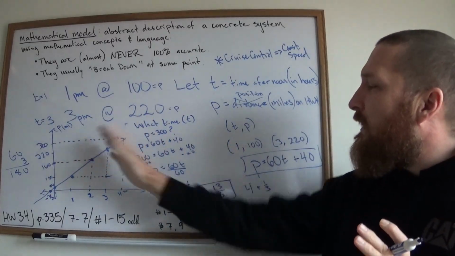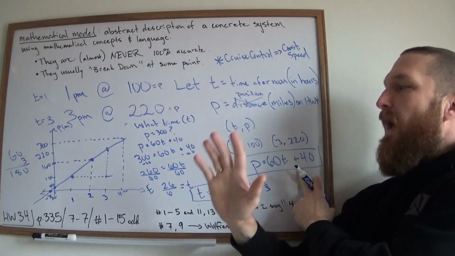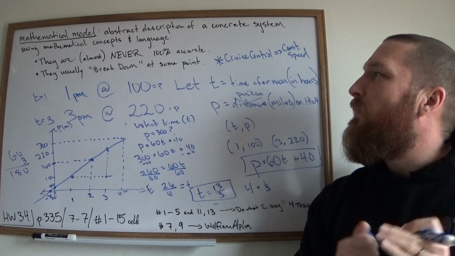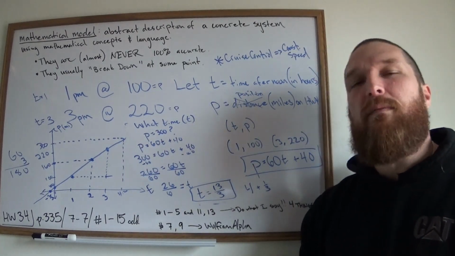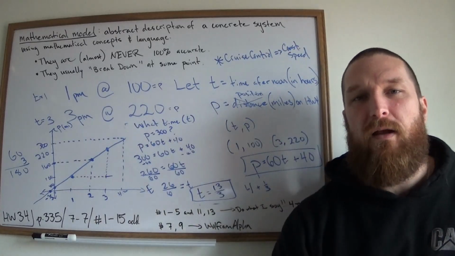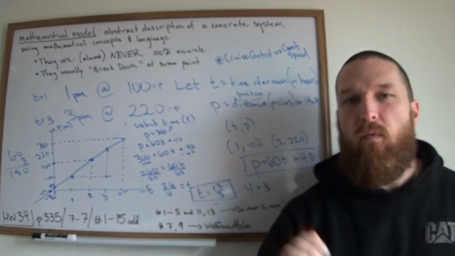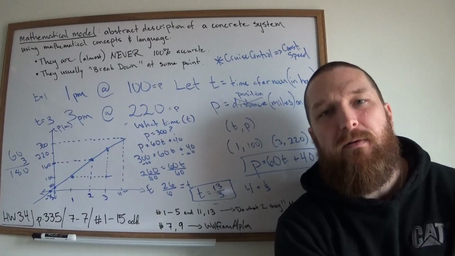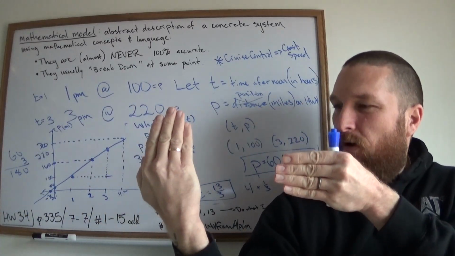Now this describes a given scenario. But I said that these things are almost never 100% accurate. And what do we mean by that? Well, on one hand, was it exactly 1 p.m. when you looked and saw that you were at mile marker 100? And was mile marker 100 exactly at the front of your car?